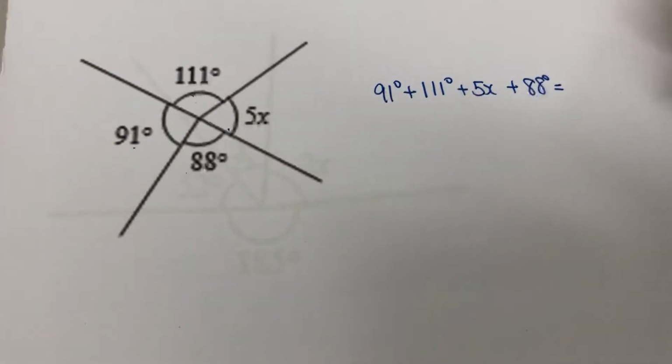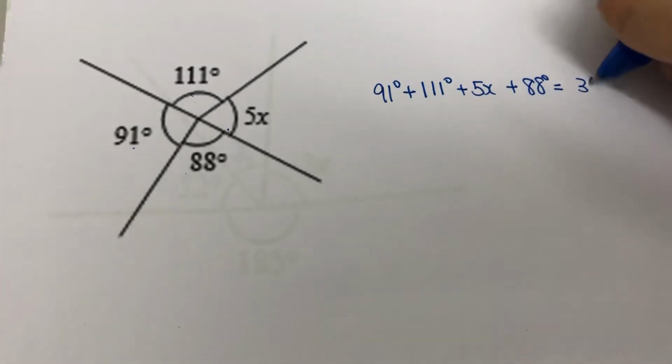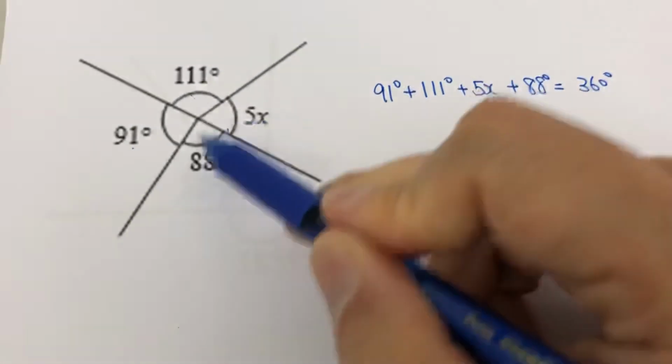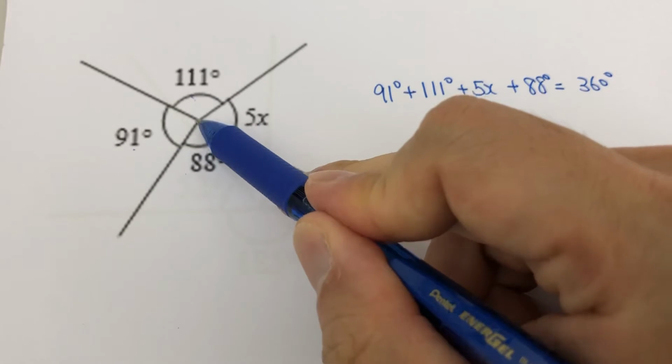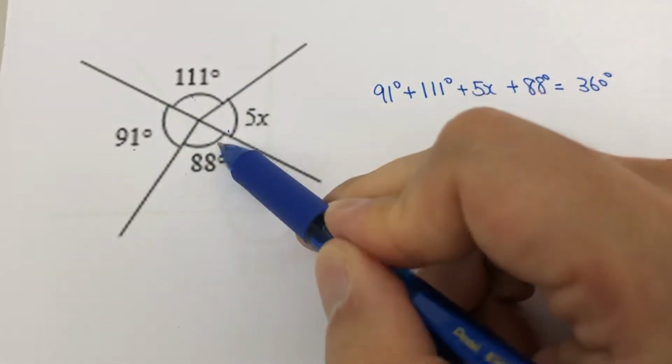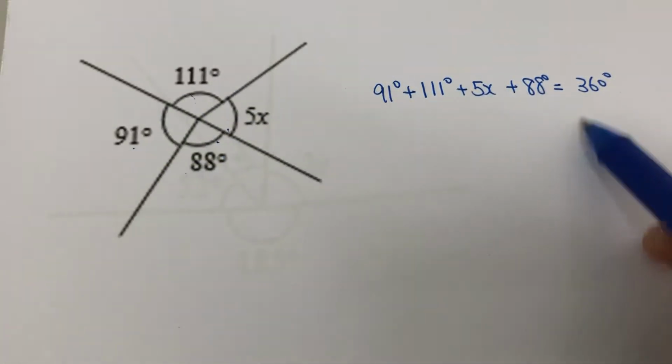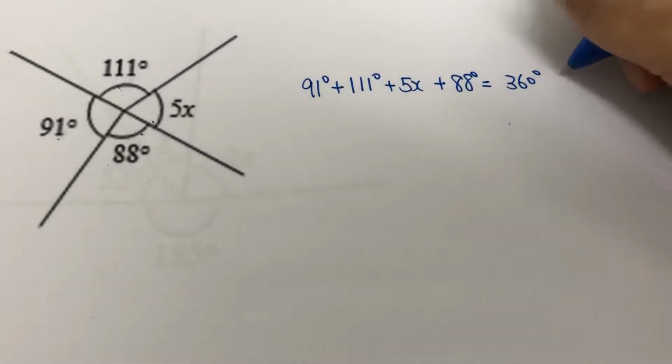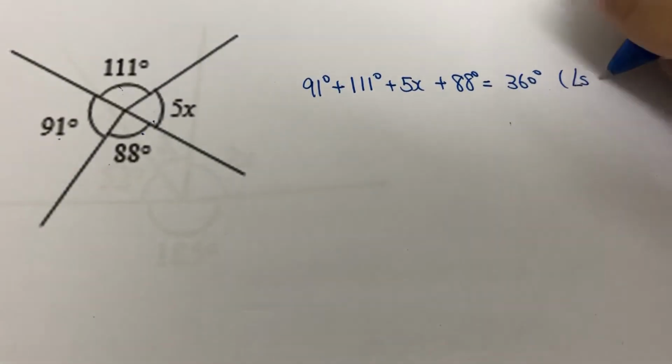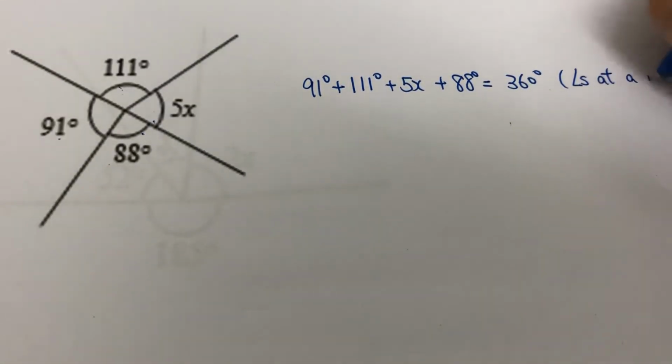Equals to what? Is it 180? No, it's not 180, it's 360, because they surround the same point and they complete a full circle. So it is 360. And the reason is angles at a point.